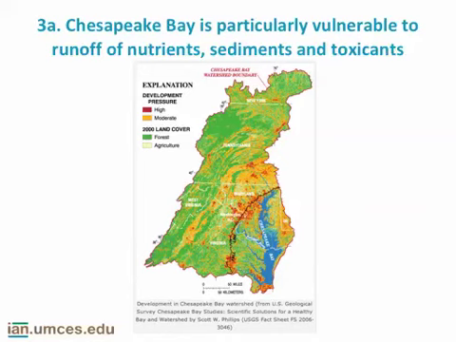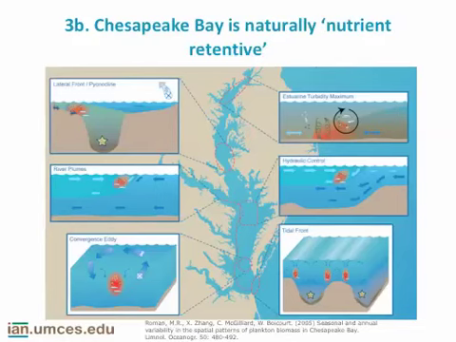But you also see other urban areas in the red, and extensive agricultural development in the yellowish orange. And then these bands of development interspersed with forest and lesser intensive land uses. So there's lots of runoff from those factors.